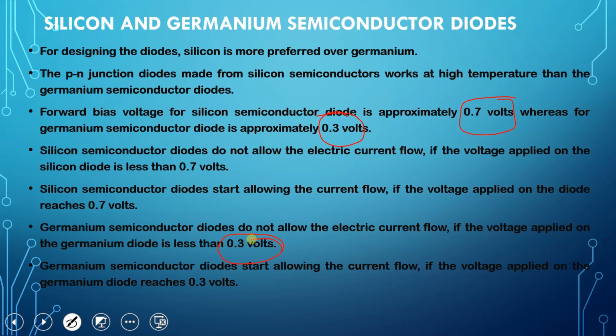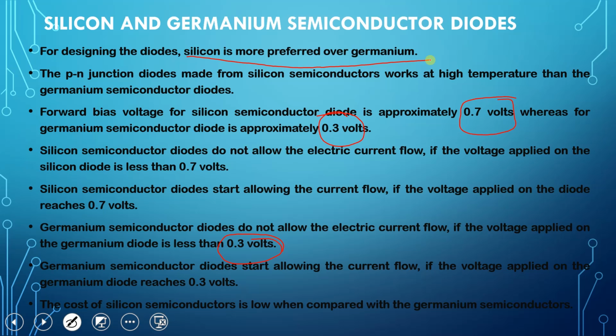Means the starting voltage for silicon is 0.7 volt and for germanium is 0.3 volts. The cost of silicon semiconductor is low as compared to germanium semiconductor. So from these points we can conclude that silicon is more preferable over germanium.